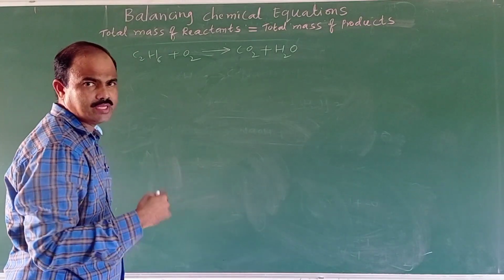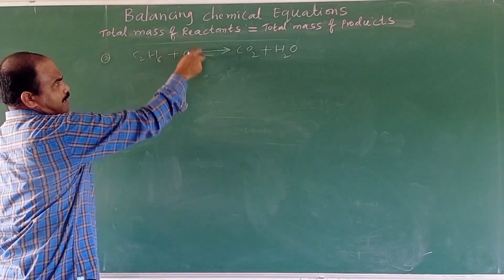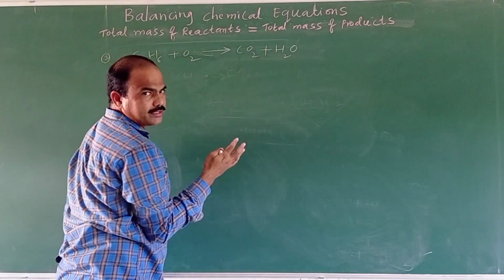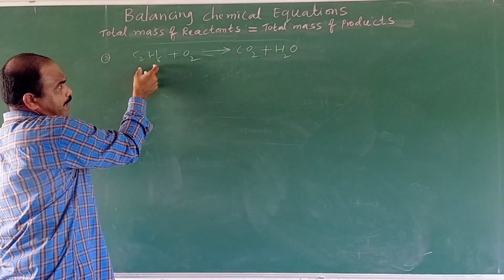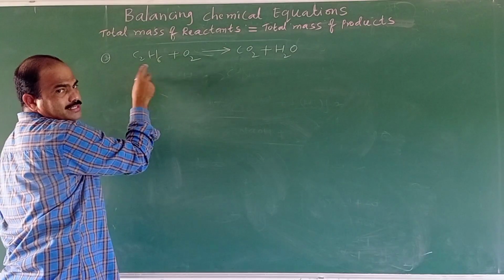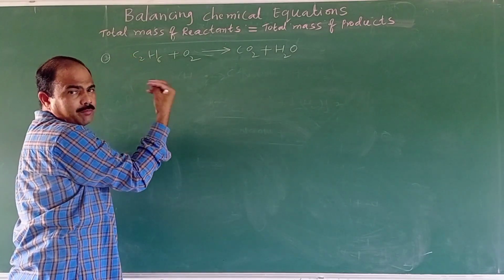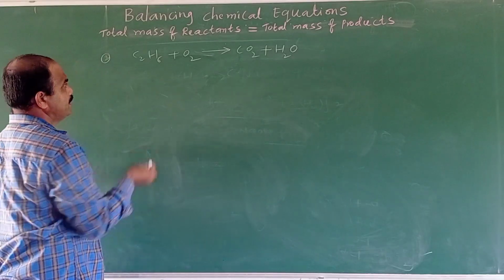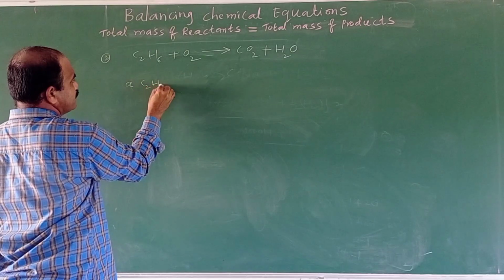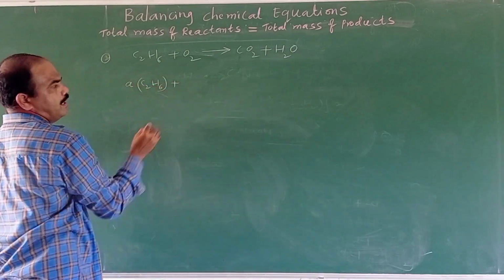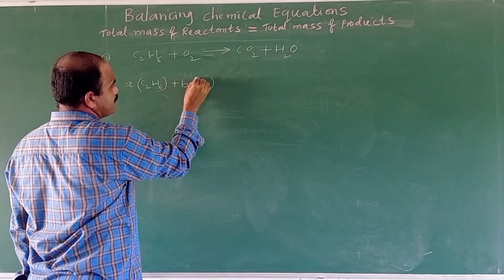To balance the equation we use the same mathematical method. These are called the reactants and these are called the products. So you have to multiply the reactants. How many reactants are there? 2 reactants, so the 2 reactants will be multiplied with 2 different coefficients. I am taking A multiplied with C2H6, plus another coefficient B multiplied with oxygen.